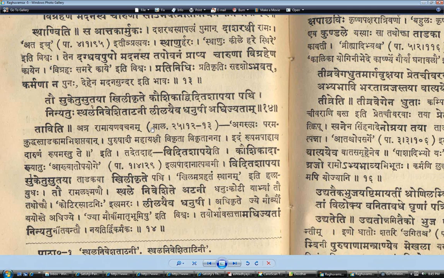Interesting thing now. Wait a minute. Is the Sthala Niveshita Atani qualifying Rama Lakshmana? Is it qualifying the Dhanushi? It's actually qualifying Rama Lakshmana. Because even declension wise, if you had the word Atani, and if you decline it neuter, accusative dual, it will be like Vari Shabda.